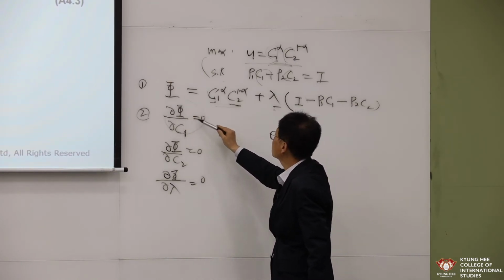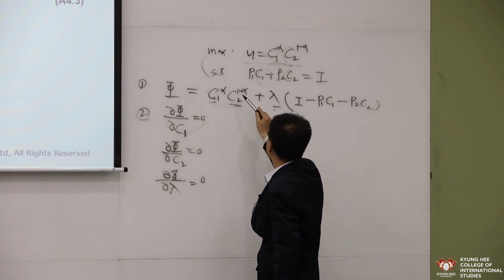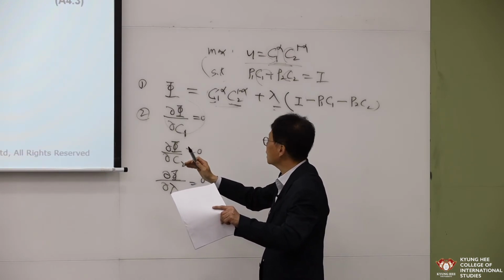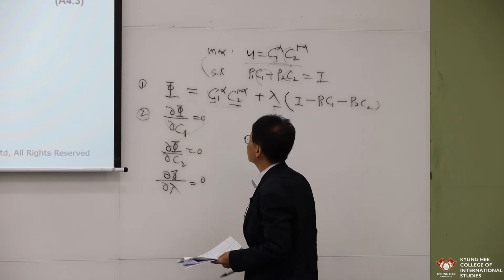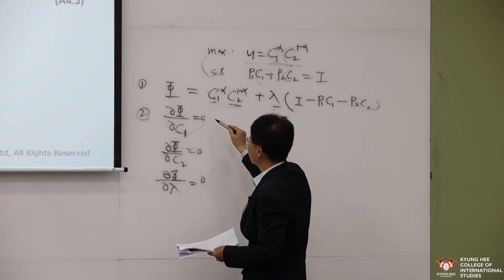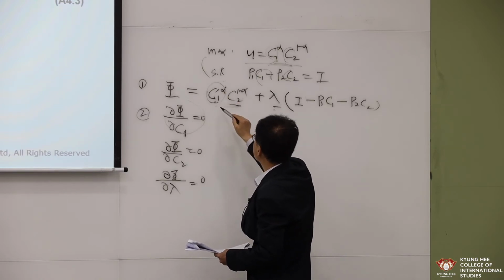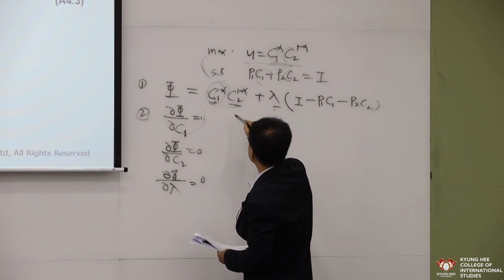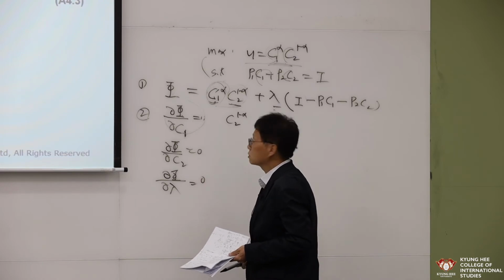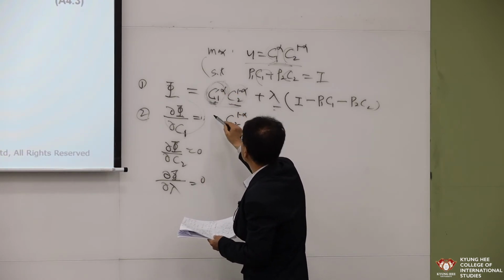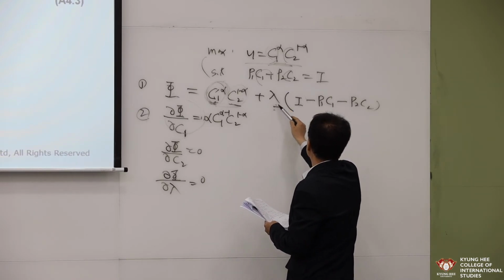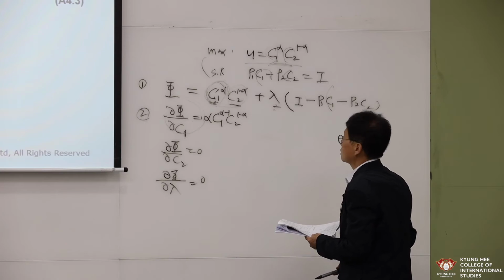Partial derivative means only C1 is variable, and C2 and lambda are considered fixed values, constant numbers. Then the partial derivative of the Lagrangian with respect to demand for good 1 is equal to, this is variable, so this one is just considered constant. The first derivative of this one is alpha C1 alpha minus 1, and this is a constant number, only C1 is variable in this case.